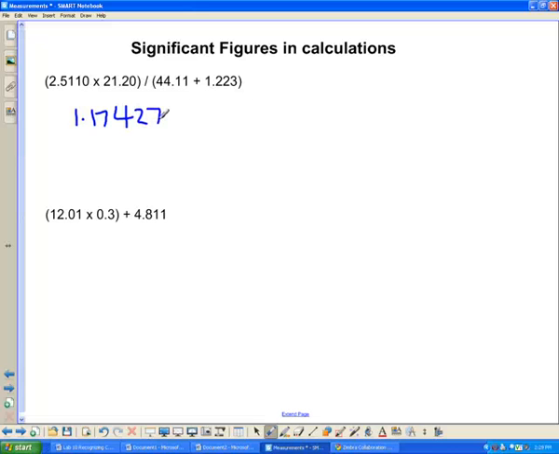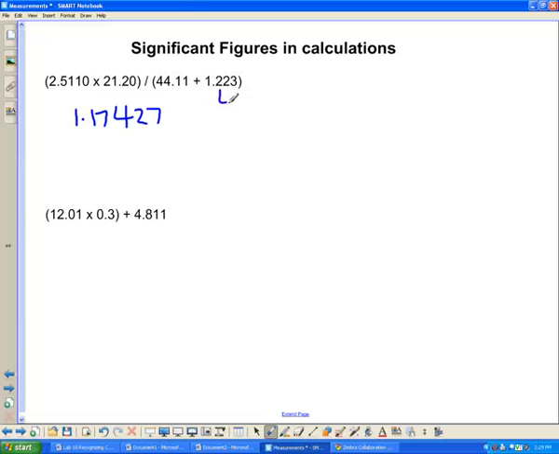Now, here's the issue. We have the decimal places business and we have the significant figures business. The significant figures business is actually more important than decimal places when you're doing both of these operations together. So we're still going to look at all of our numbers and see which one has the lowest number of significant figures, regardless of decimal places.